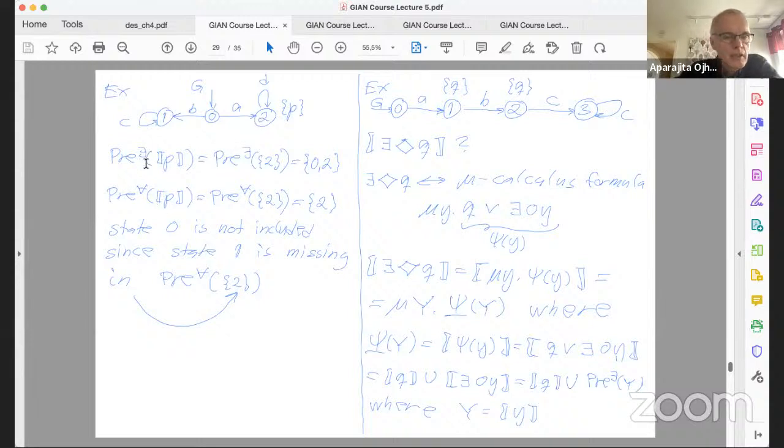That was with the existence. With for all, that means that state 0 is not included, since state 1 is missing in the state set 2, which I'm starting from.